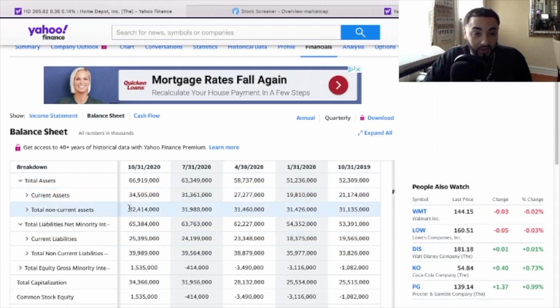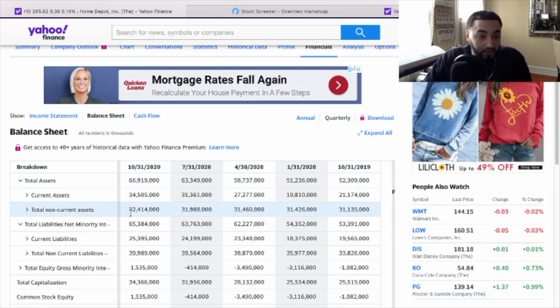The second thing I look at is the non-current assets versus the non-current liabilities. Here we have 32 billion in non-current assets, versus about 40 billion in non-current liabilities.